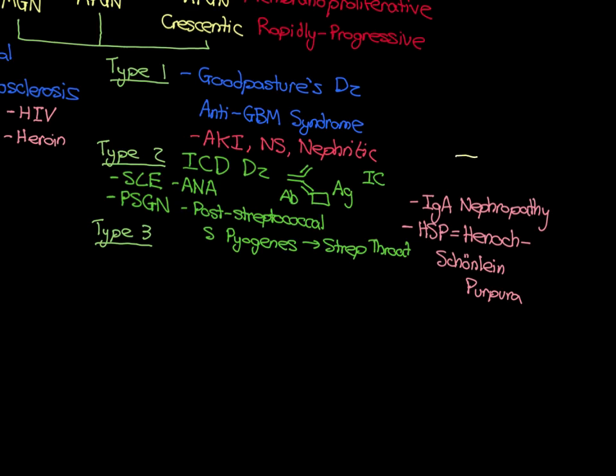So let me just draw this here. So if this is the IgA molecule, in people with Henoch-Schönlein purpura, their immune system is capable of producing, let me reverse that. I've messed this up slightly, let me try and correct it.